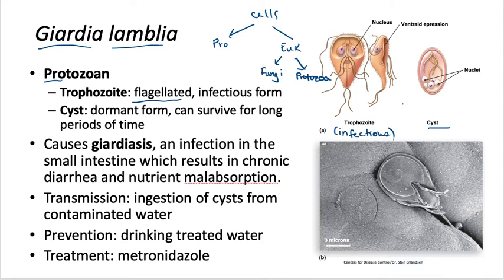Cysts can also last for a long period of time in recreational and other types of natural water supplies. So the cyst form is the dormant form, and this is the form that can be ingested from water. If you ingest cysts from unclean or untreated water, then in your GI tract, its life cycle will go back to the flagellate form and it'll cause an infection.